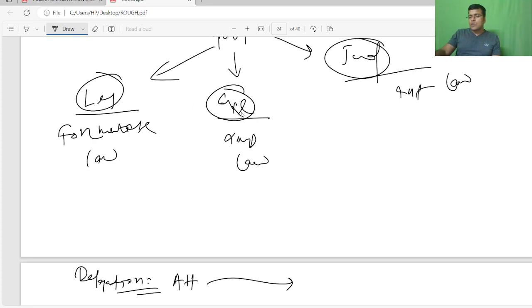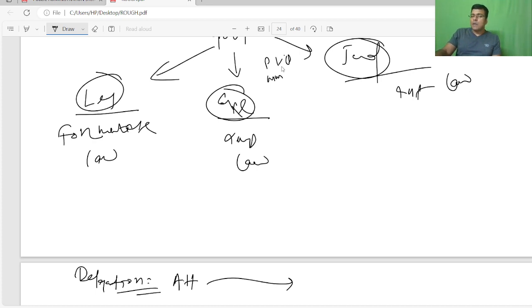Executive means who executes. The Union executive consists of the President, Vice President, PM and Council of Ministers. Executive, in Hindi, is called Karyapalika. Executive is who executes, who implements law.